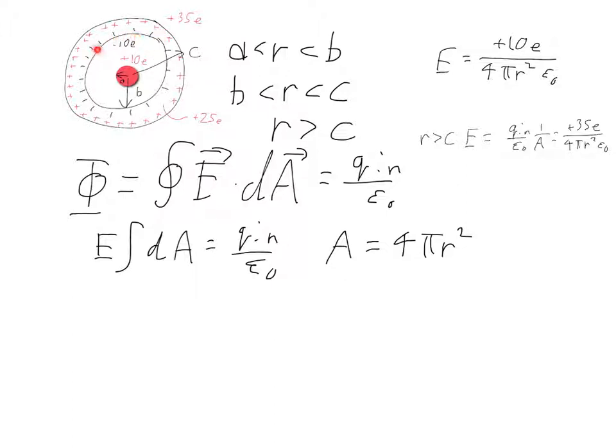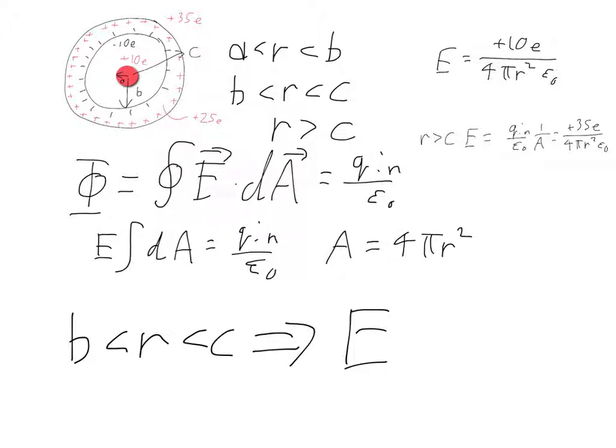Well, remember that on the inside surface, we have 10 units of electric charge, negative, and that charge in the center is positive 10, which means there is no net electric charge inside a sphere that we draw between radii b and c. Well, that means for a radius between b and c, the electric field is 0.